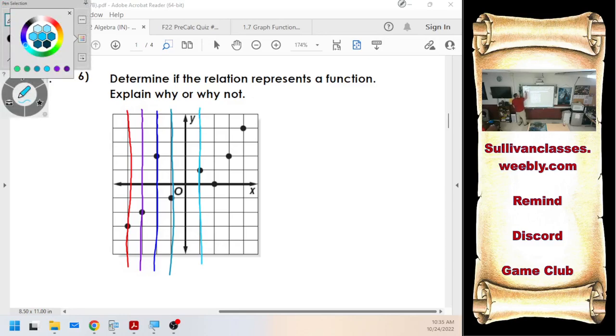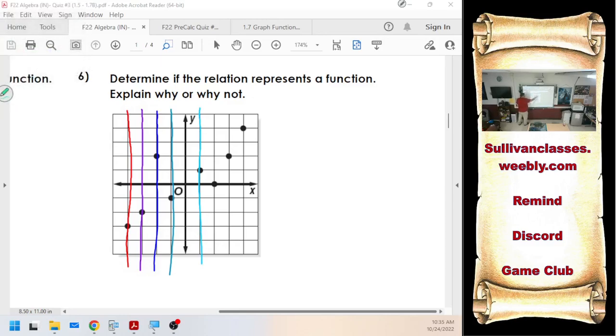Were we wrong? Yes, completely. No matter what, every one of those vertical lines only hit 1 dot at a time. So I'm going to say, yes, it's a function.